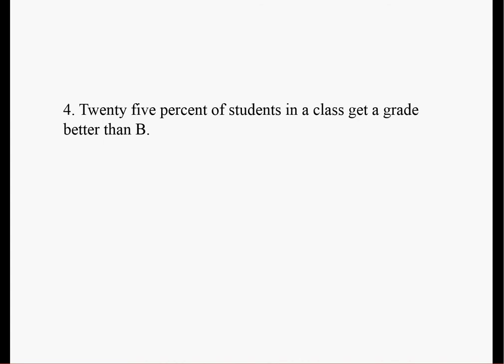Question number 4. 25% of students in the class get a grade better than B. Now, this statement actually tells us an interval probability, because here the statement grades higher than B includes not just one grade.